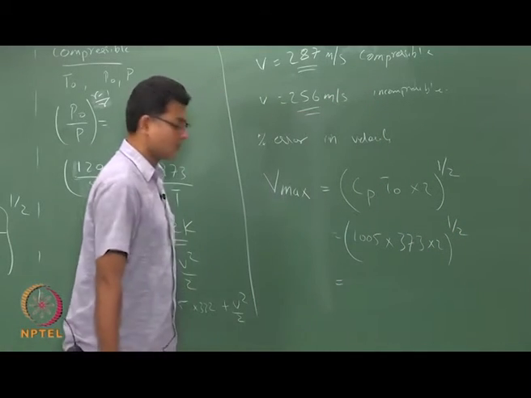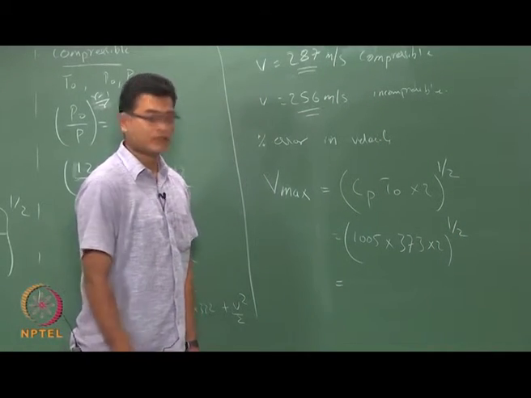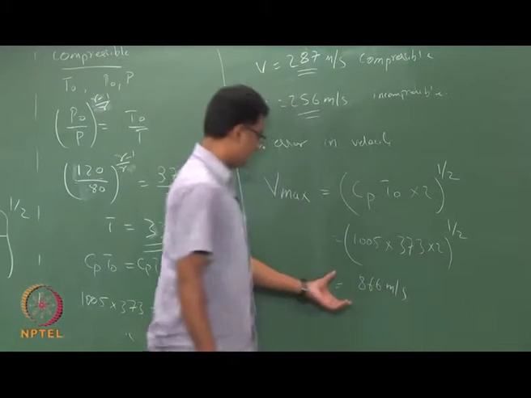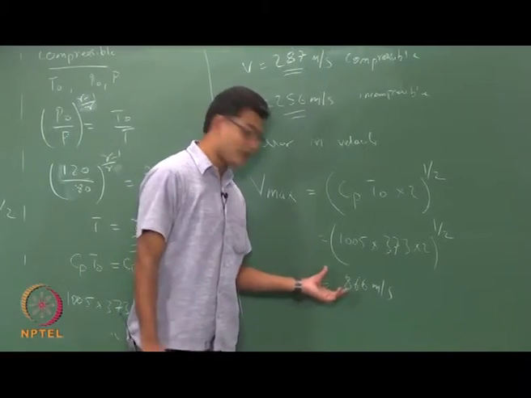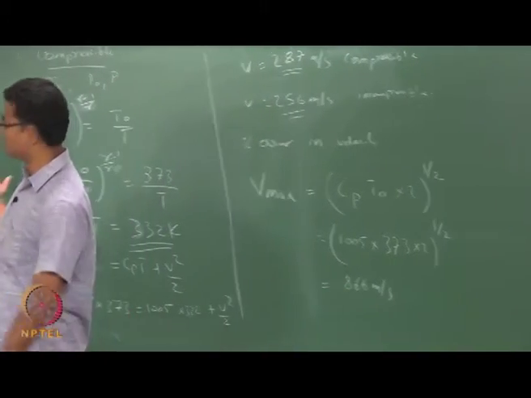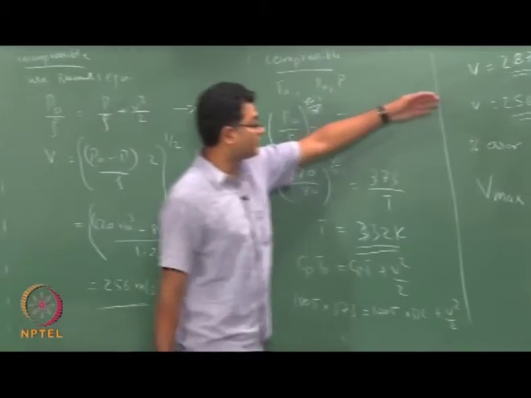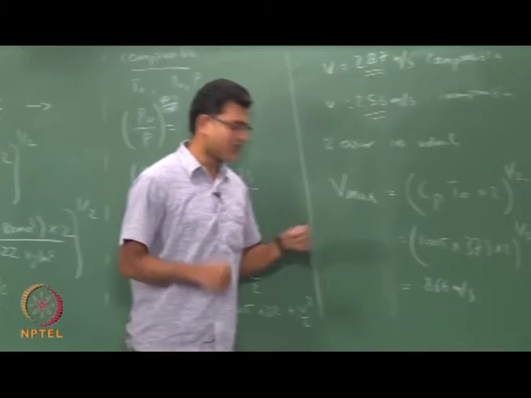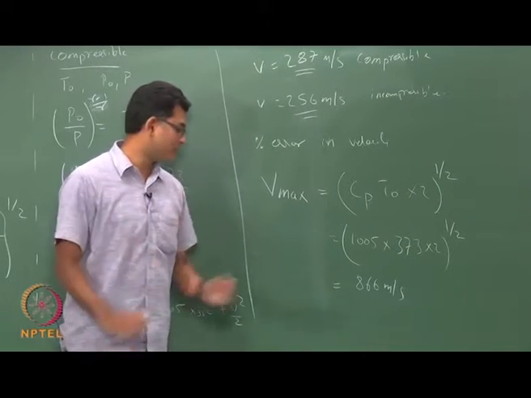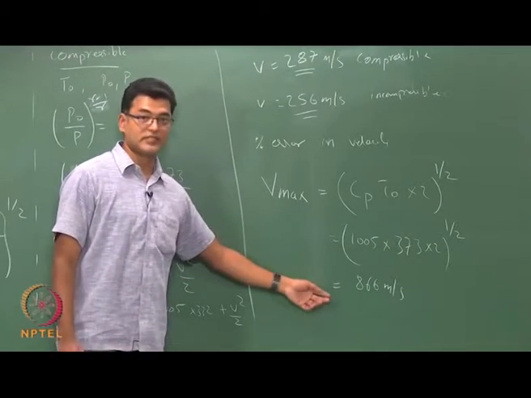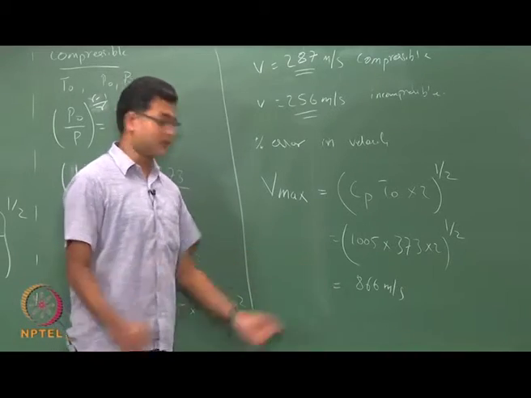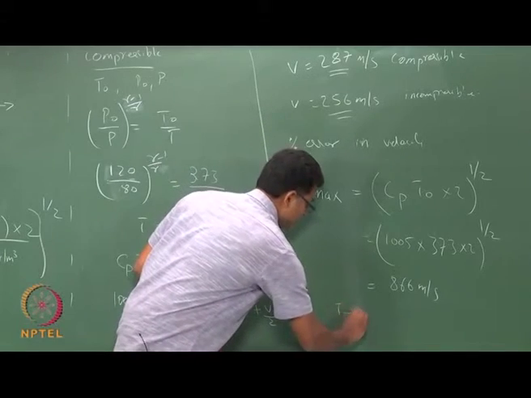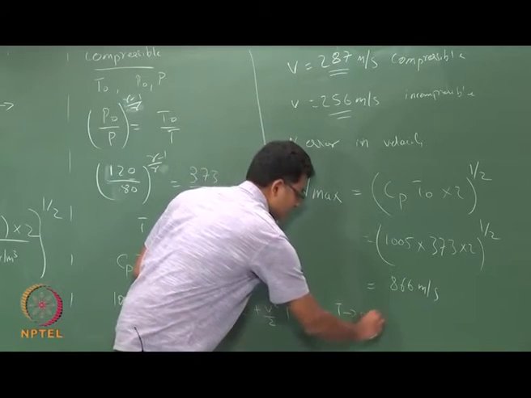So, this is 866 meters per second. So, this is the maximum possible velocity that you can achieve in this scenario with this T0. For a given T0, this is the maximum possible. So, you are converting the entire heat content to kinetic energy. That is what this tells you, which is not achievable, it is not possible, because we know the temperature would reduce to 0 Kelvin. So, hence it is not possible.